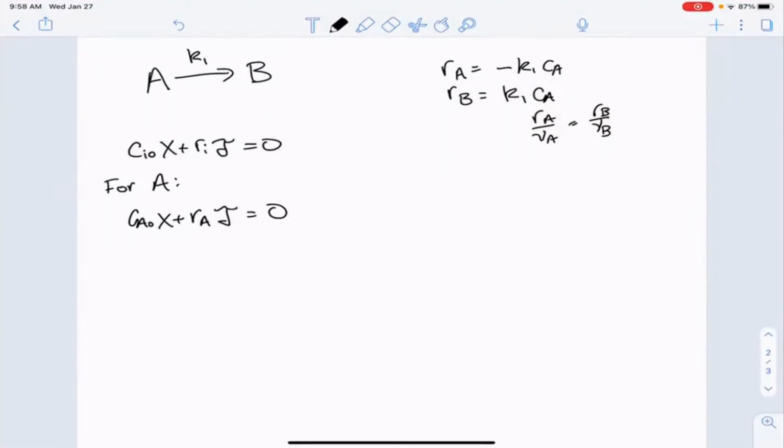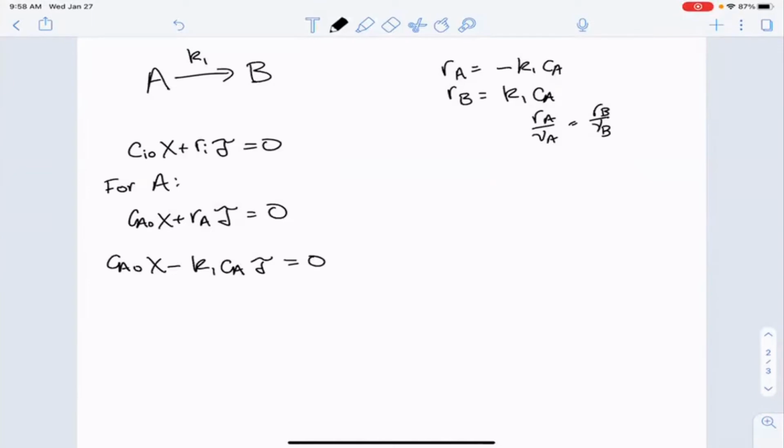And if we apply RA, then CA0 times X minus k1 times CA times tau is equal to 0, right? And that's just applying the rate law to our mole balance, okay?